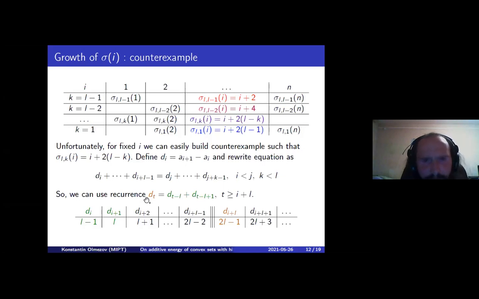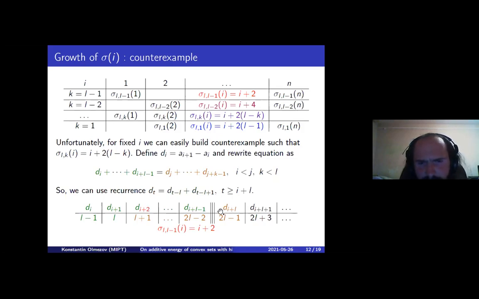It is a very important form because we use it in the following proofs. So here we can see how the recurrence connects different values of di.